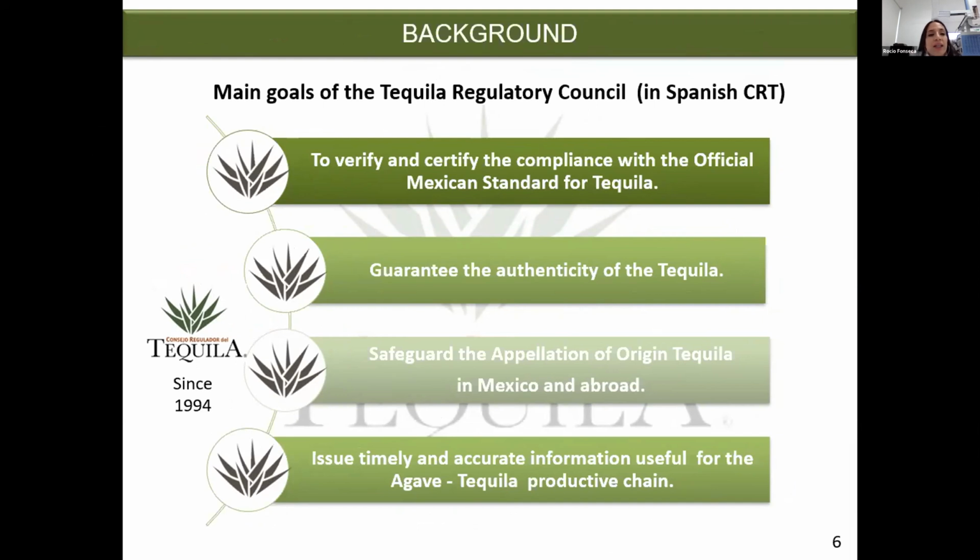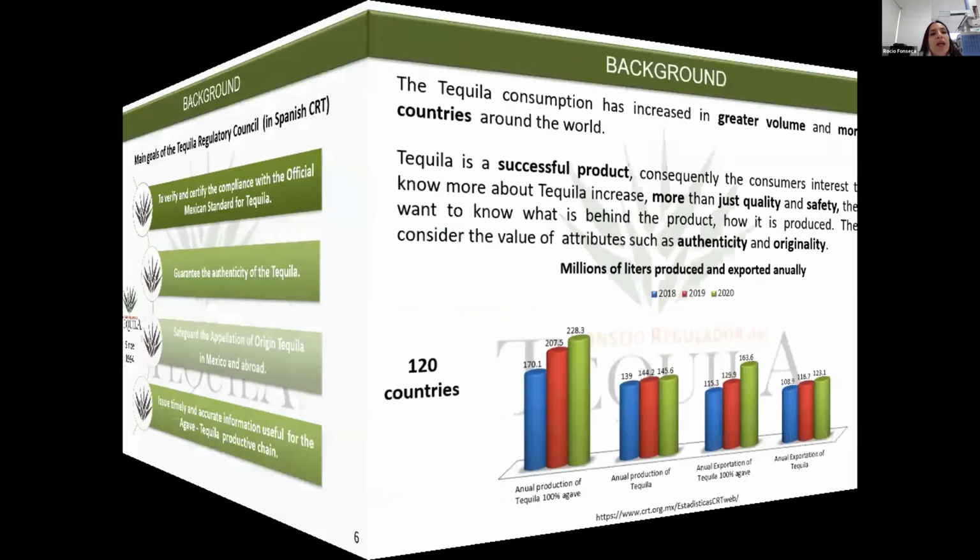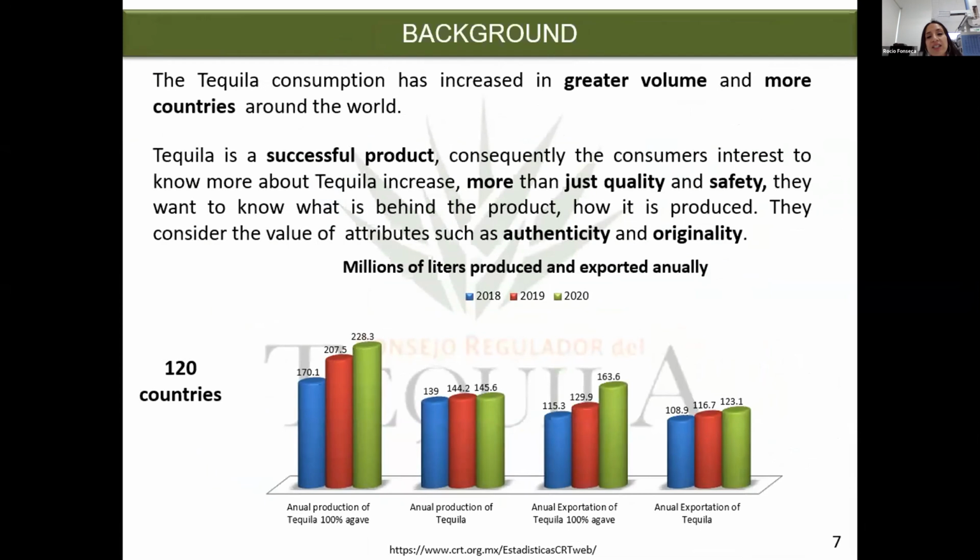All these activities have been made since 1994. Now, in the specific case of tequila, we found tequila consumption has increased in greater volume and in more countries around the world.